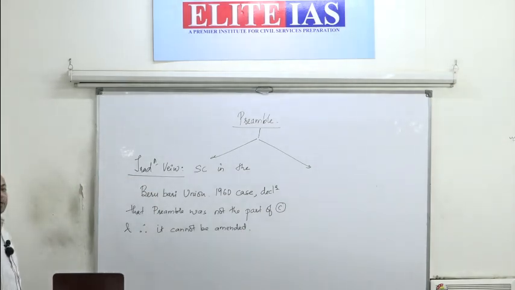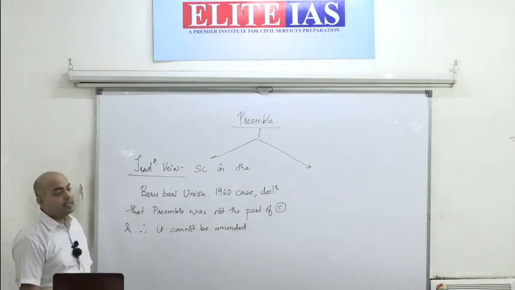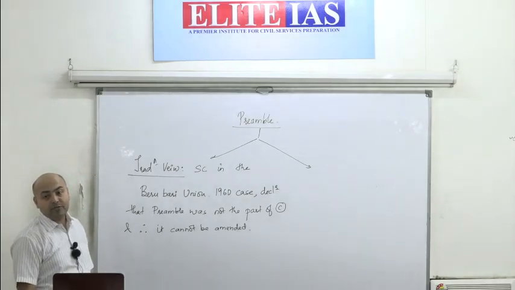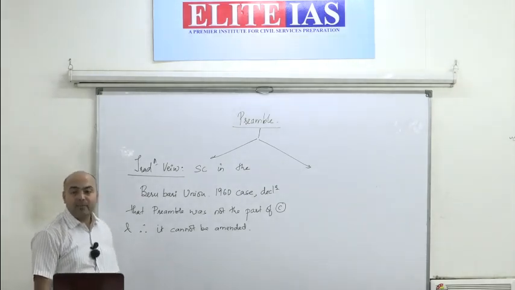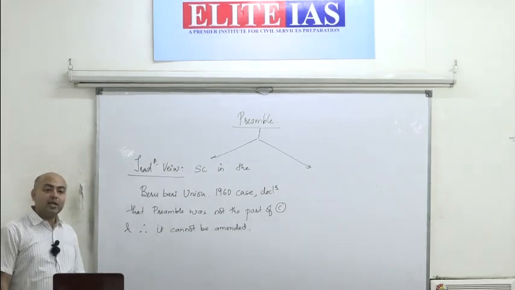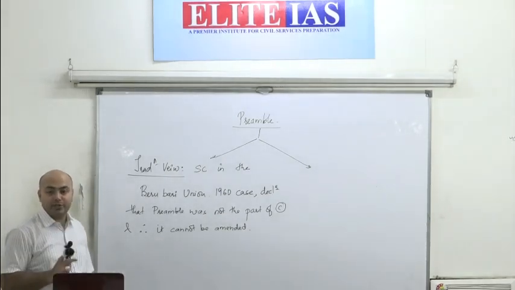The Berubari Union case, which is reflective of the traditional view, held that the preamble is not a part of the constitution. The preamble is only decorative in nature. It is like an introduction, like a prelude, but it is not a part of the constitution.